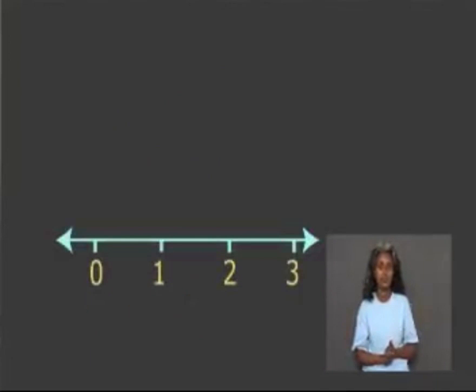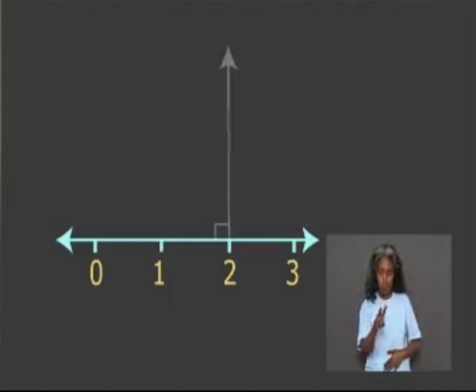Now, we draw a number line. At the point labeled 2, we draw a perpendicular line that is 1 unit long.